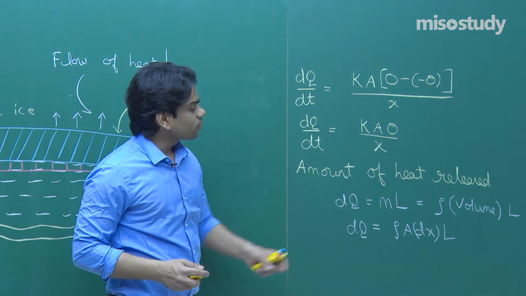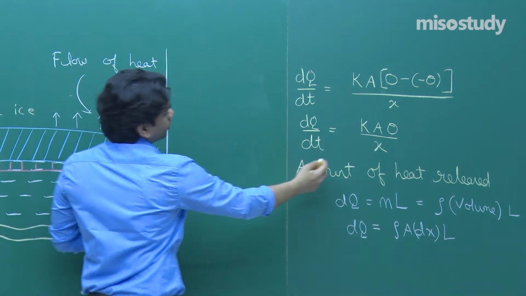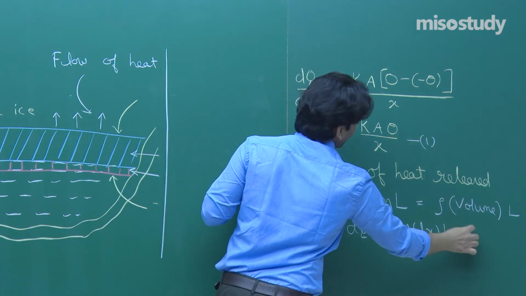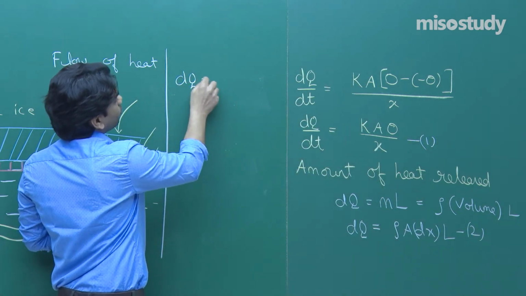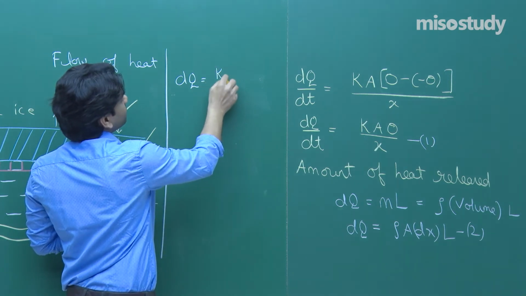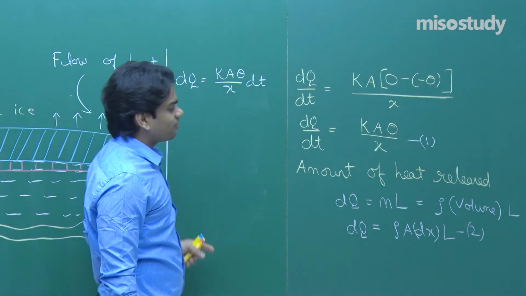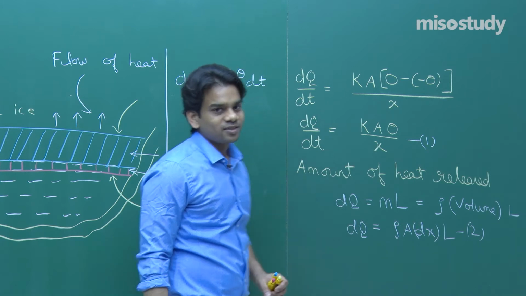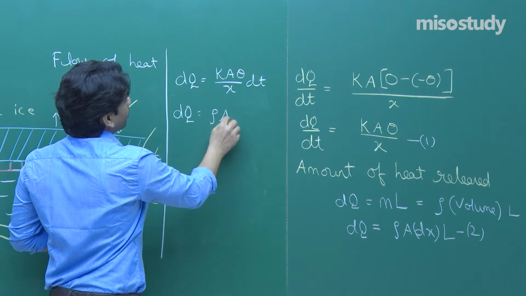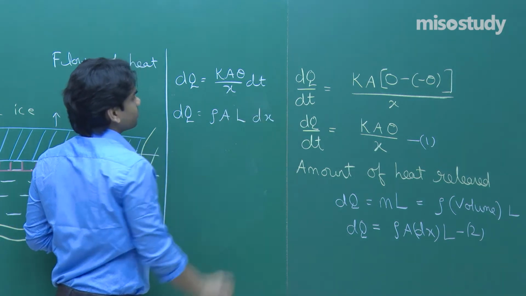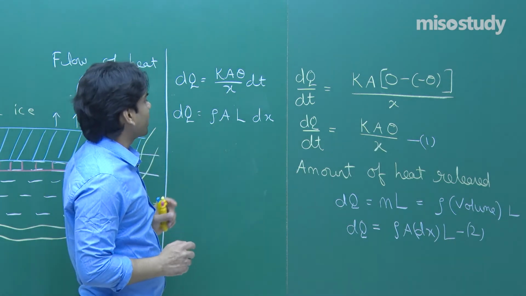From equation 1, dq is equal to k A theta by x multiplied with dt, and from equation 2 we have dq is equal to rho A L dx. We have simplified both and written them here in the most simplified manner.